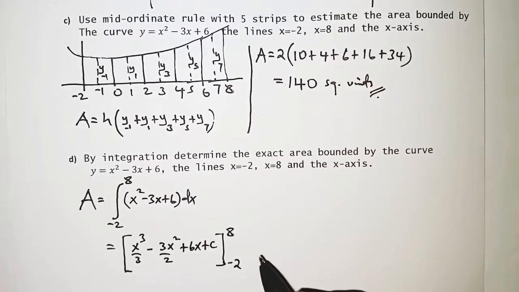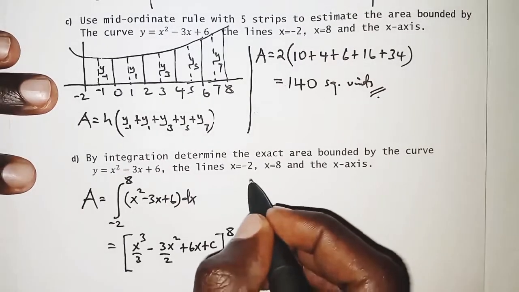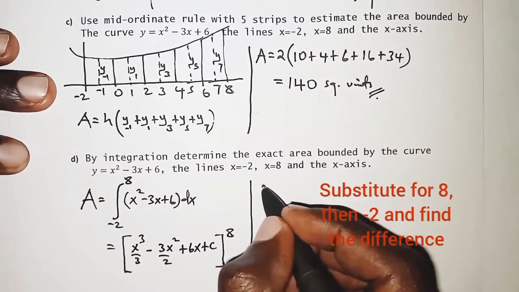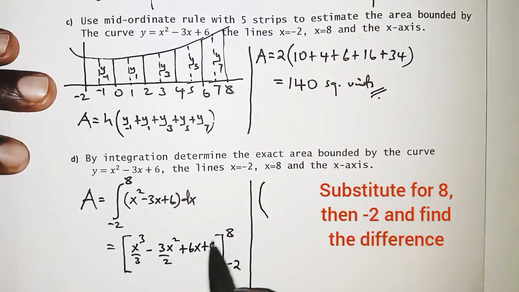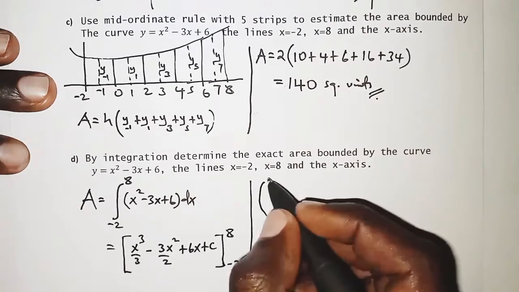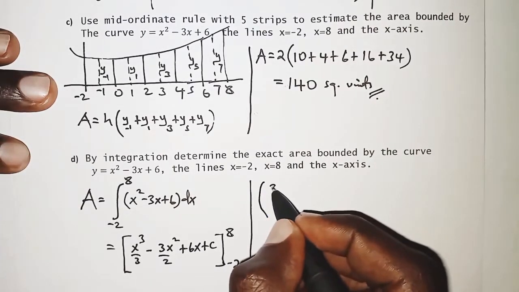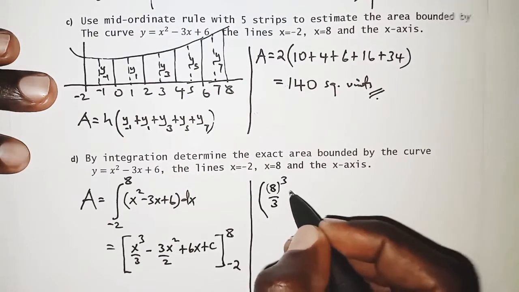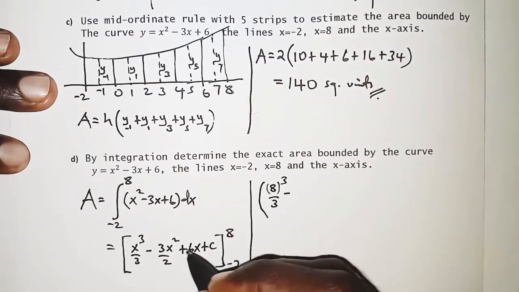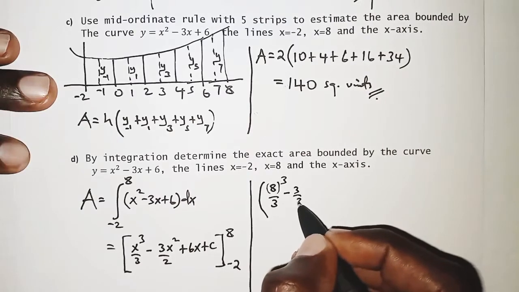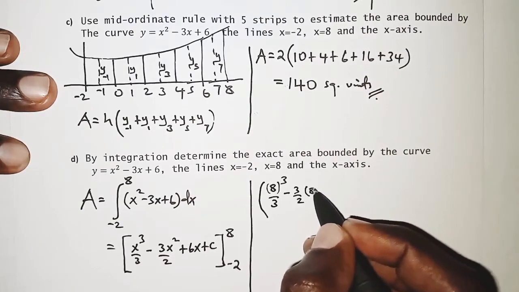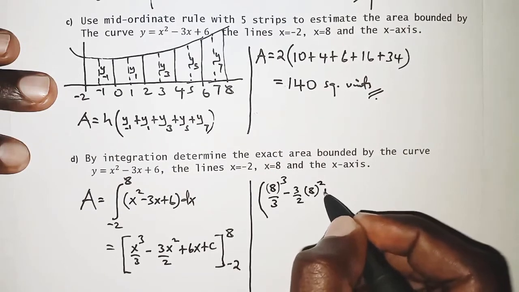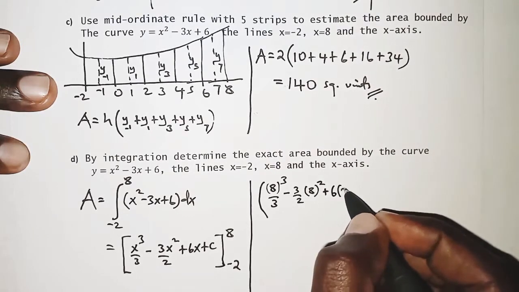So what we're simply going to have next is, we are going to substitute for 8 in the first bracket, so that we have 8 cubed over 3 minus 3 over 2 into 8 squared plus 6 into 8.